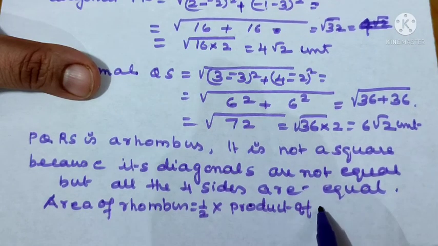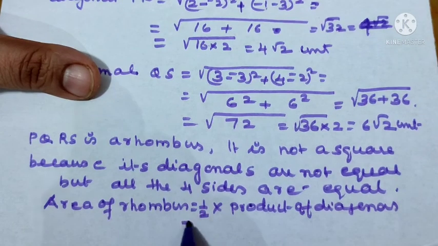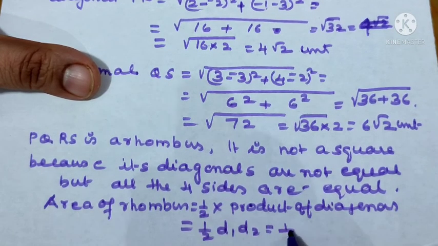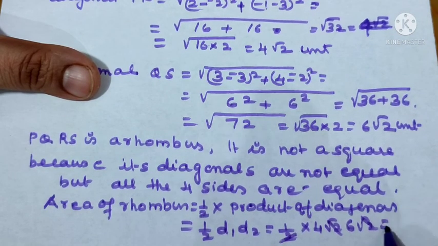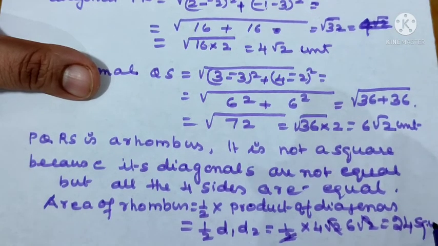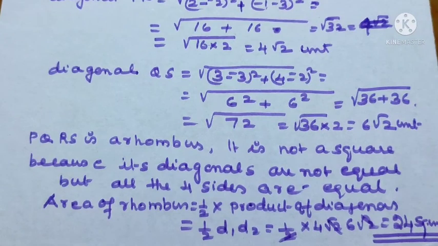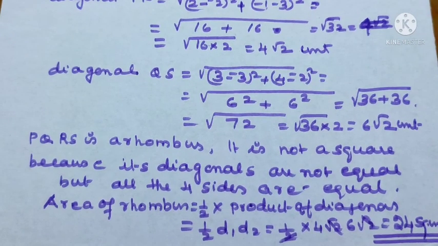Those are the letters we usually use. So half into 4 root 2 into 6 root 2. So it is 24 square units. So we got the area of the rhombus.